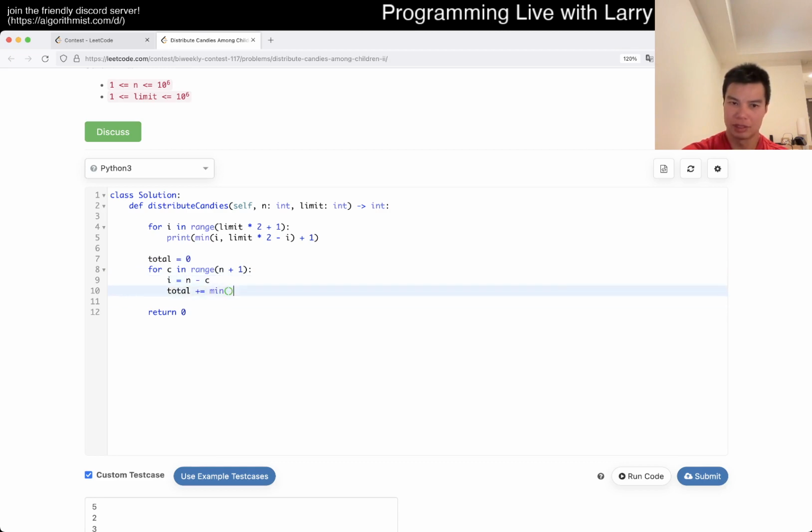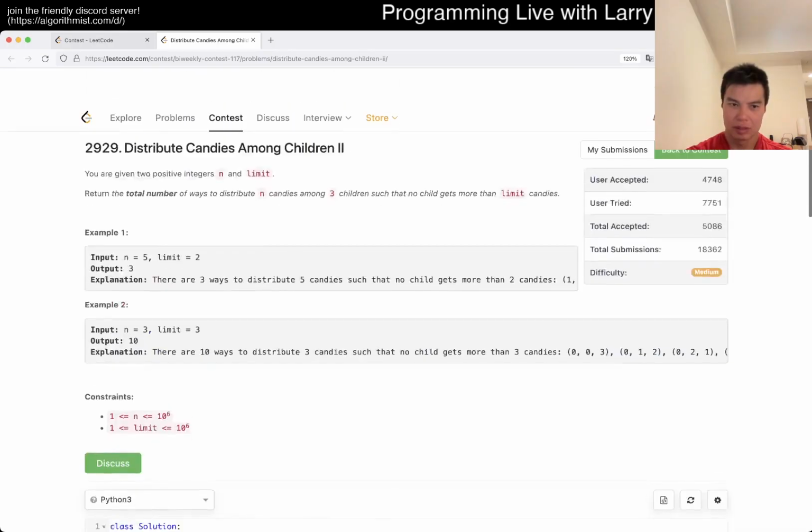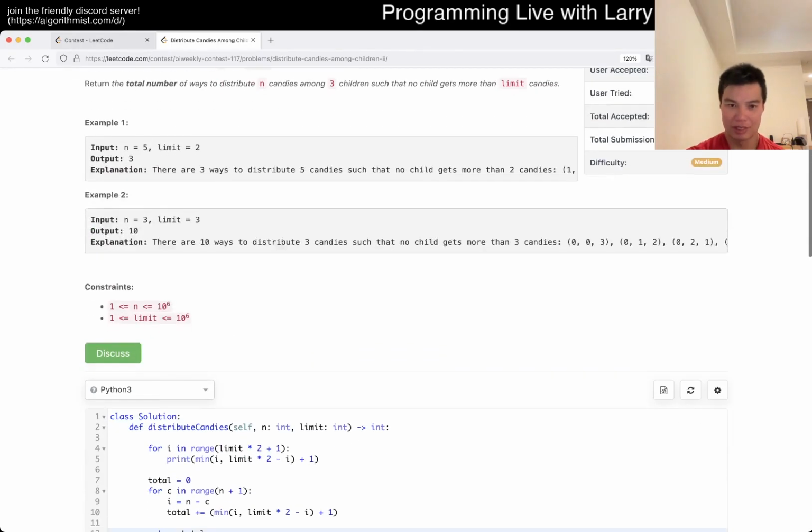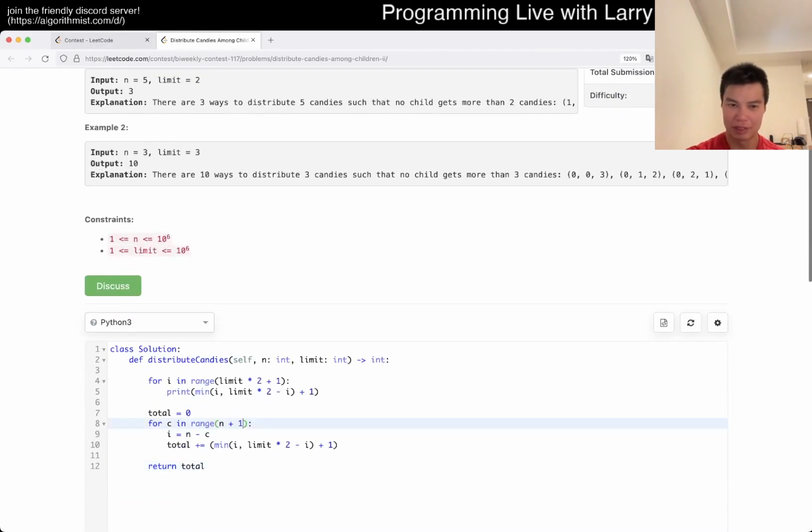So using I because it's this thing I had before. Is that right? 9 and 10, that's really wrong. Why do I think 9? Oh, because this has to be limit.